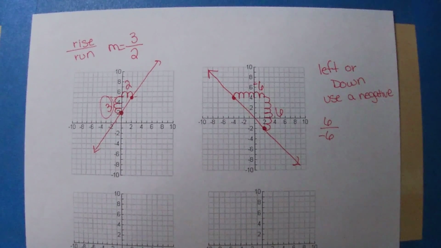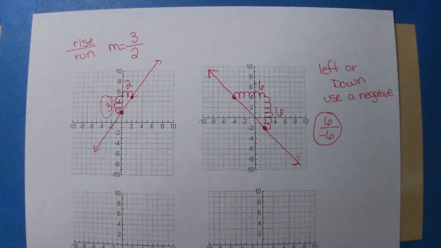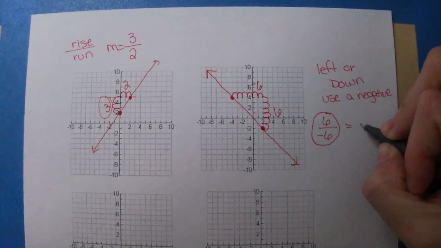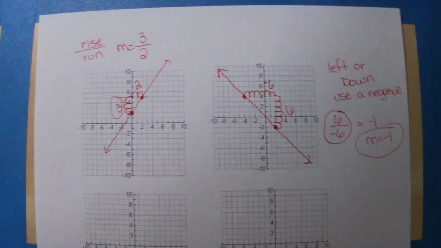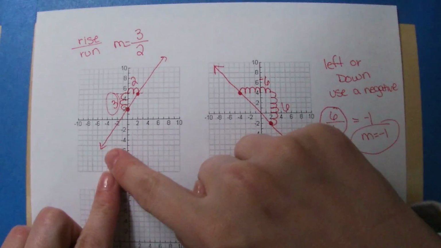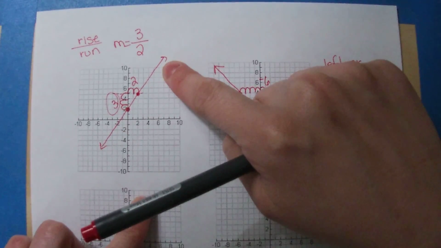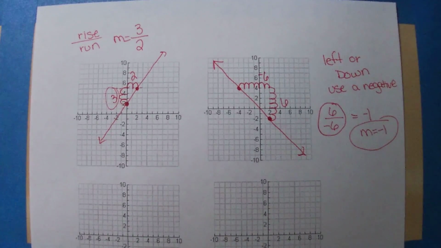Now again, this needs to be reduced in proper fraction form, so I reduce 6 over -6, which gives me -1, and so my slope on this would be -1. You'll notice that if the line is going uphill, we will get a positive slope, and if the line is going downhill, we will get a negative slope.